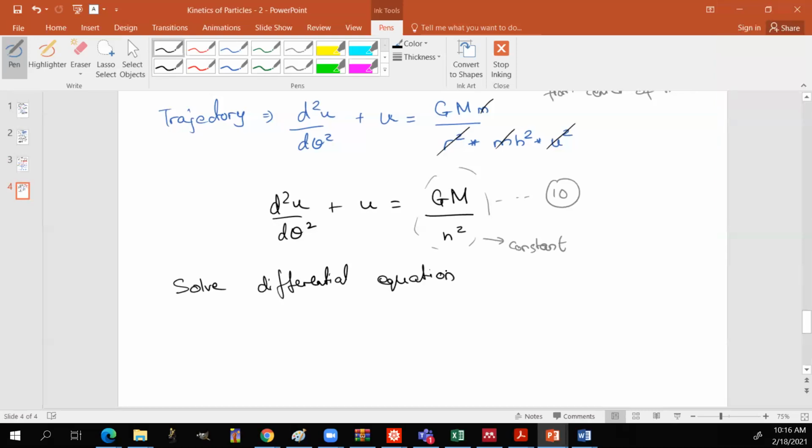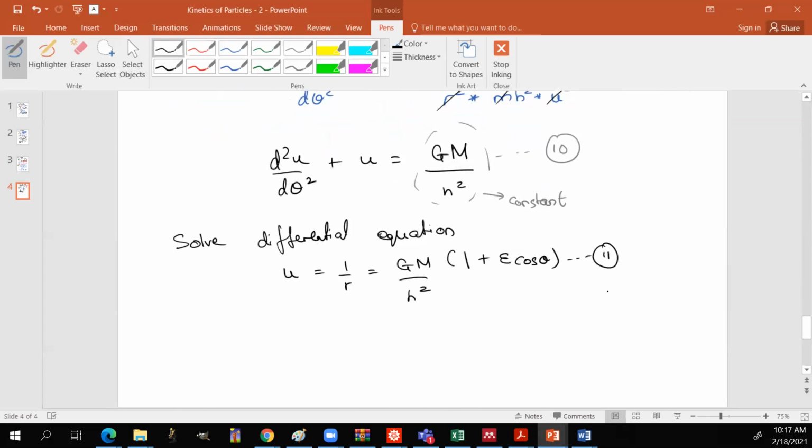The general solution is of the form u, which is equal to 1 over r, equals GM over h squared times 1 plus epsilon times cosine theta, where epsilon is equal to C h squared over GM.